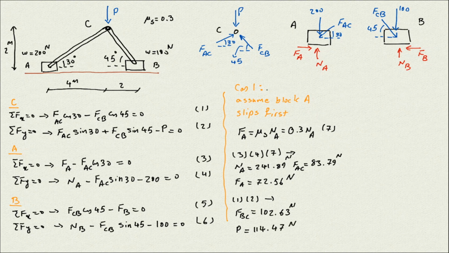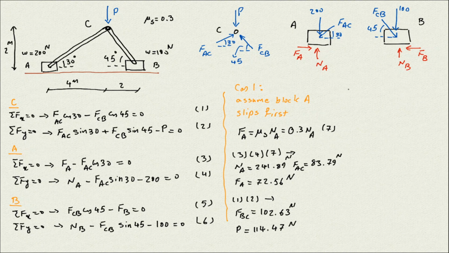So basically, we assumed block A slips first. Because of that, we have this equation, and any place we have FA, we replace it with this, and we solve the entire 6 equations with these 7 equations. So we have 7 unknowns, 7 equations, and we solve all the equations.